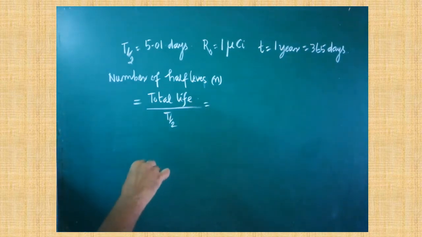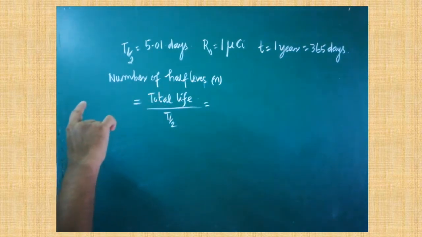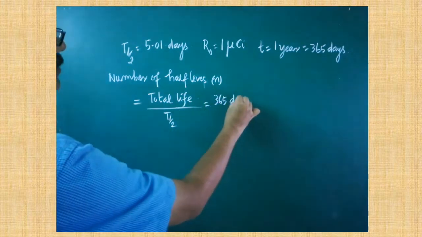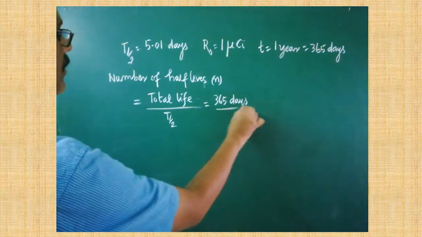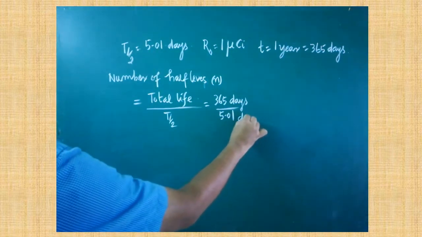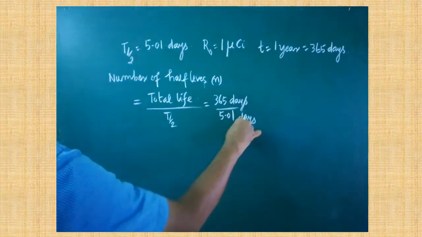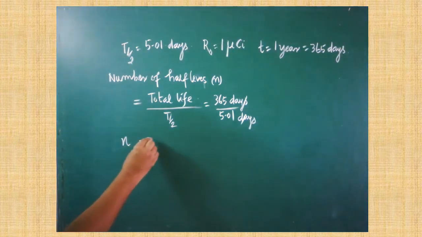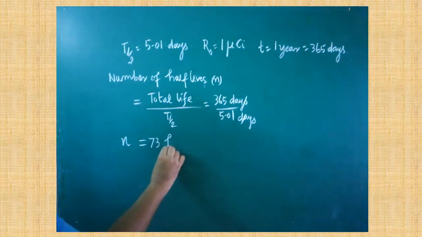Between 2 birthdays, how many days are there? 365 days. That is to be divided by the half-life period, 5.01 days. Both are in days, therefore the units cancel. Therefore, the number of half-lives becomes 73.